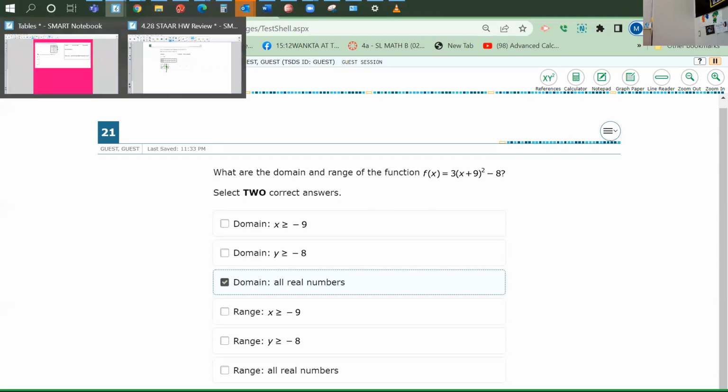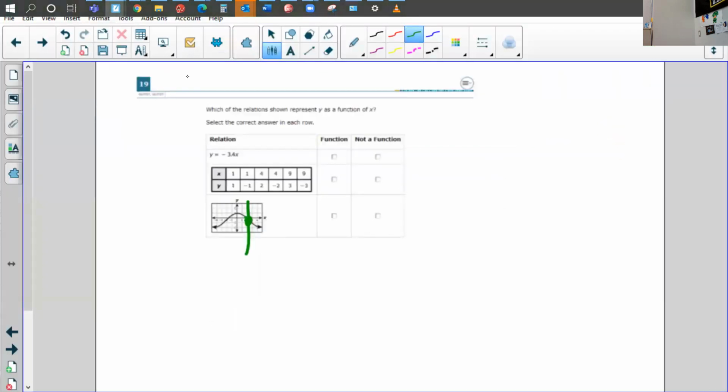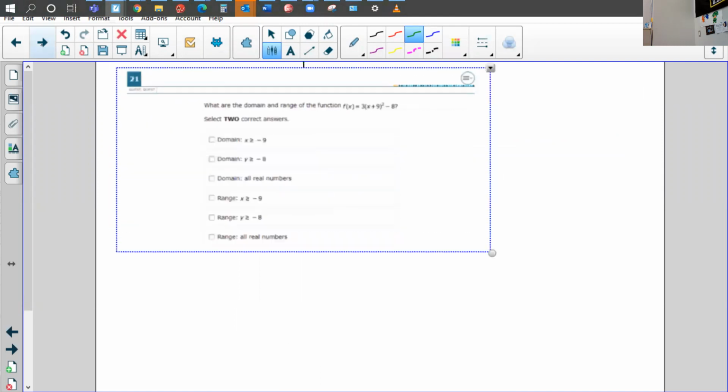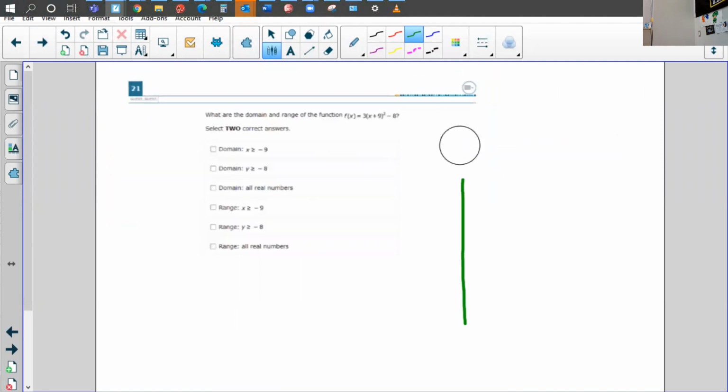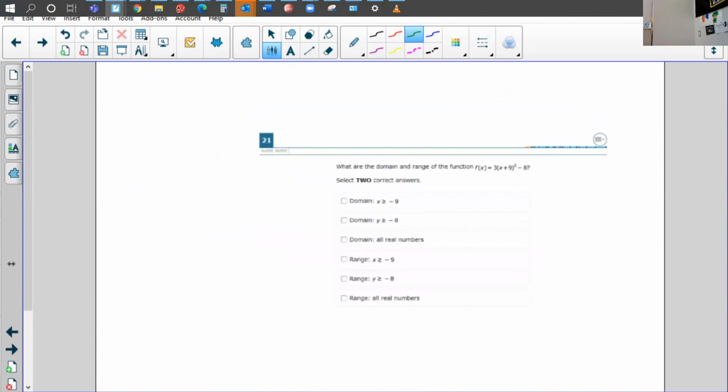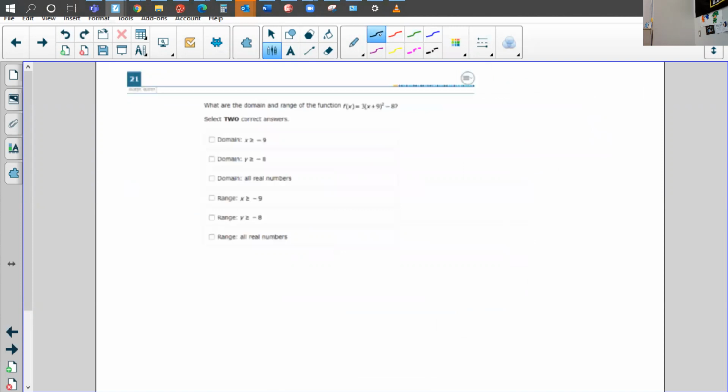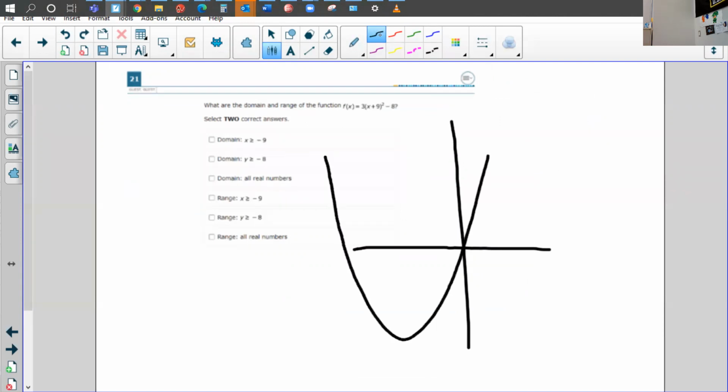I'm just going to give a rough sketch, guys. If I graph it, it looks something like this, the lowest point right here is -8.